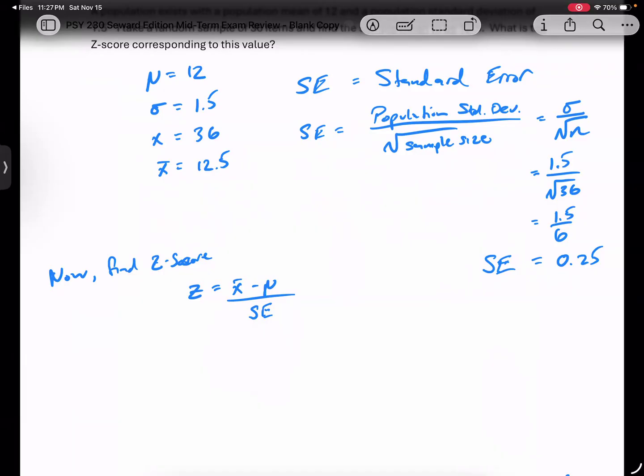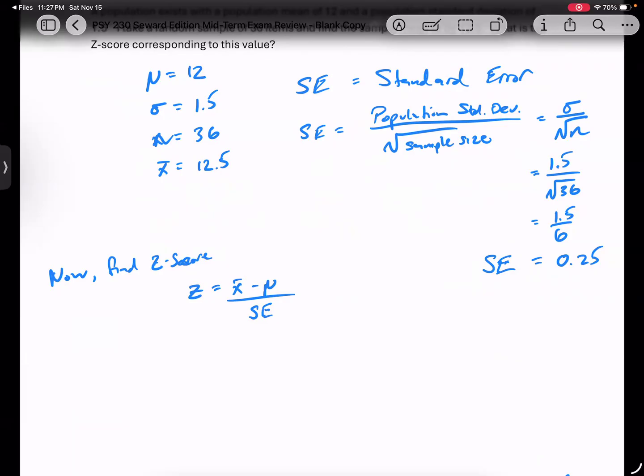But once it snuck in that sample mean, I knew that sample size 36 was not an x data point. It was really like an n data point. Or just think of it like this: sample mean and a population mean and a population deviation, standard error, then the z-score.